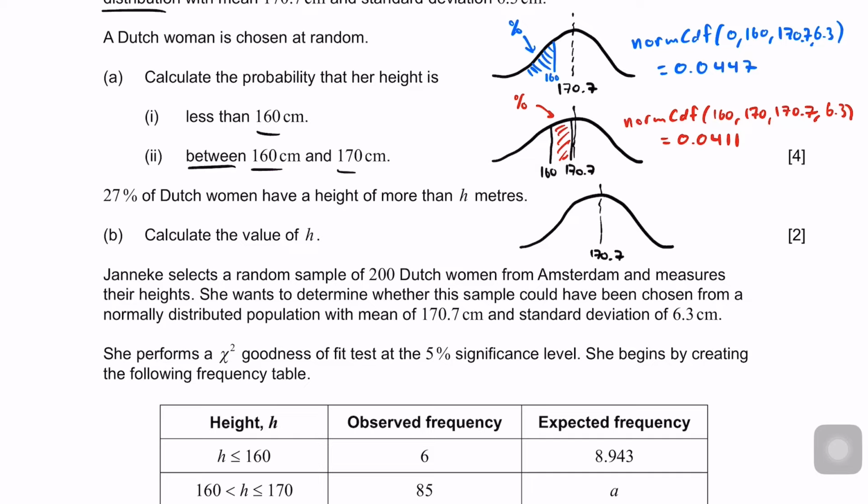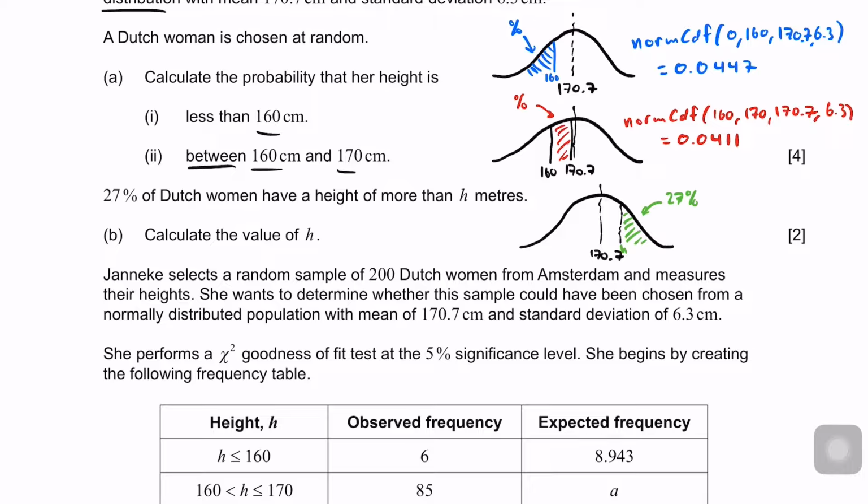In this case, 27% have more than h. So if we were to draw some line like this, what we would be saying is that only 27% of Dutch women have a height more than this value of h right here. And the question is, okay, well, what is that value of h?